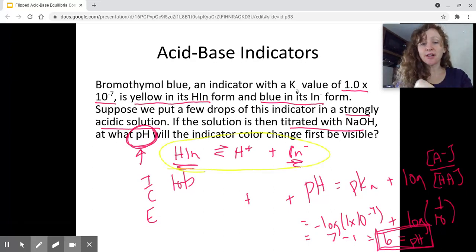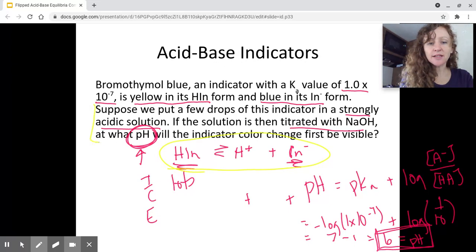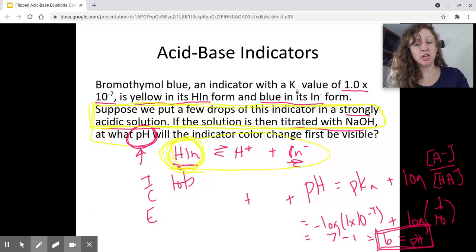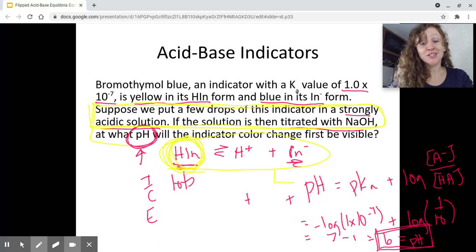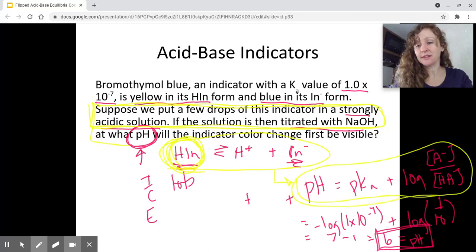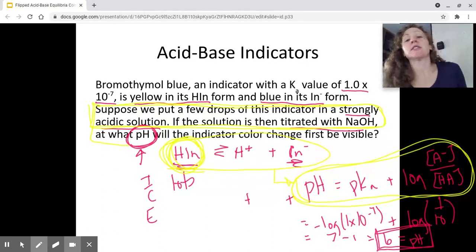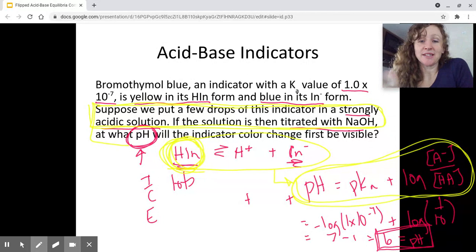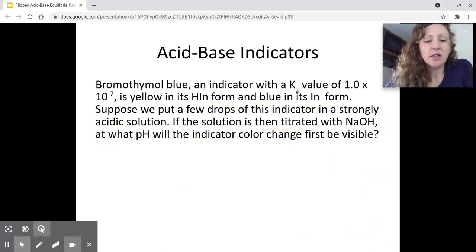All of this is telling us, the fact that we start in highly acidic solution and then slowly add NaOH means we're going to have more HIN form when we perceive the change. Also knowing it's just a weak acid, right? I know it's kind of new and scary, and the concept seems a little bit more complicated, but it's just a weak acid. So we can still use all the things we can use with weak acids and their conjugate bases, like the Henderson-Hasselbalch form.